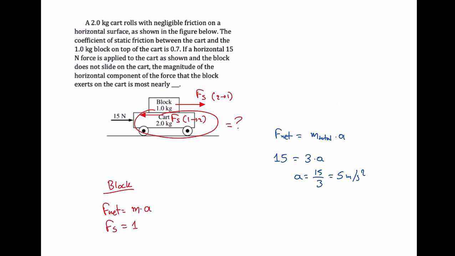It is equal to 1 times 5. So the static friction between the two objects is 5 Newton. And if we want, we can say that because of action and reaction, or because of Newton's third law, the force from the block to the card is also 5 Newton.